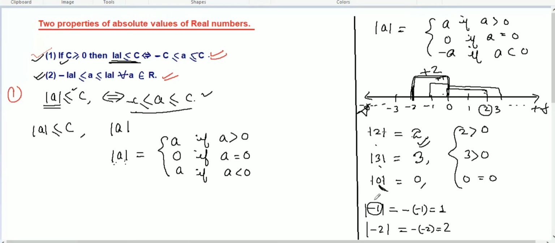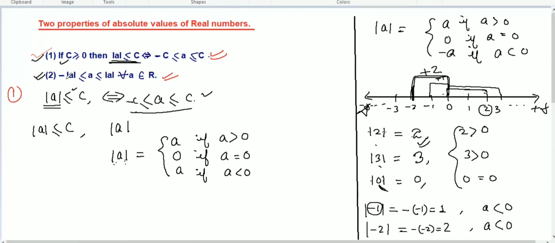What does that mean? The absolute value of -1 is 1 when this A is negative, less than 0, and here also the real number is less than 0. So this is the meaning of absolute value of real numbers.